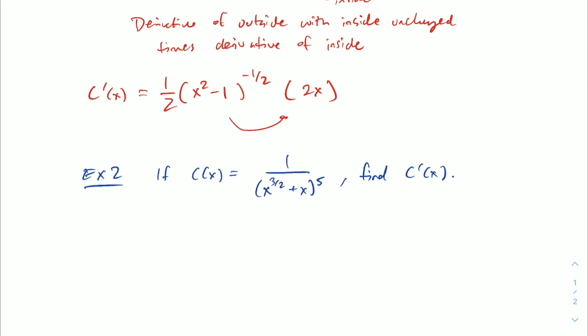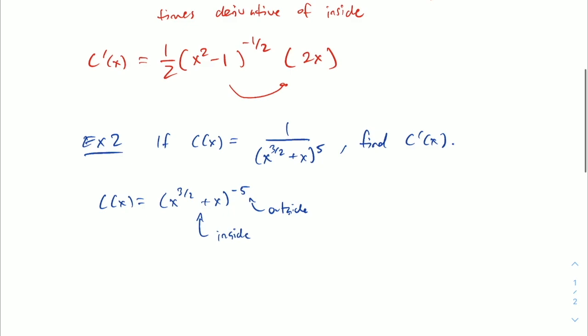So the first thing I'm going to do is just rewrite this function as x to the 3/2 plus x to the negative 5th power. And now it's easier to see my inside function. My inside is this x to the 3/2 plus x, and the outside function is this raising to the negative 5th power.